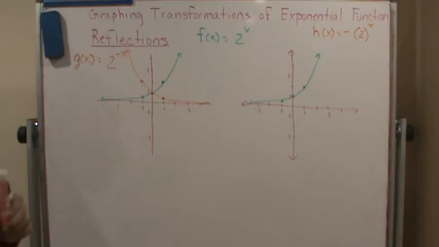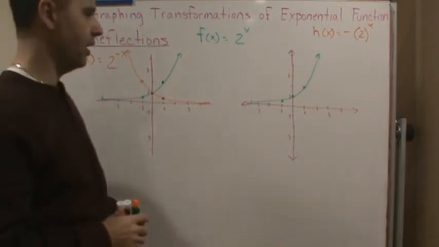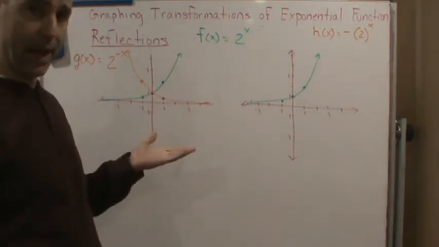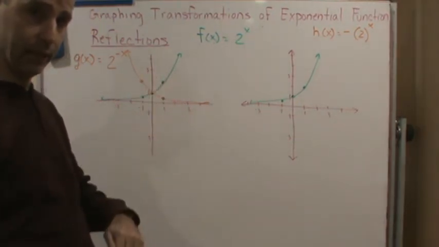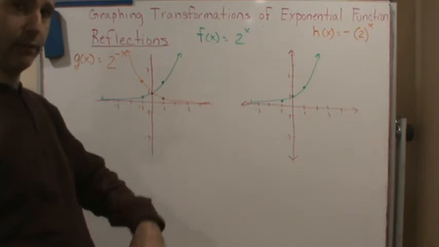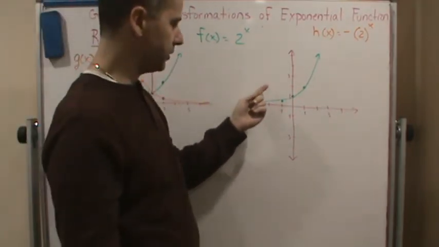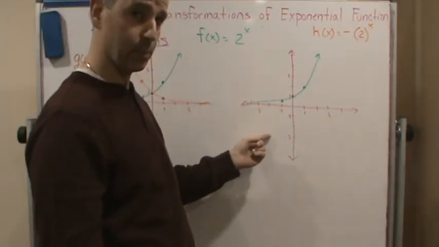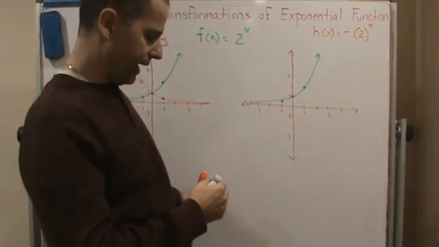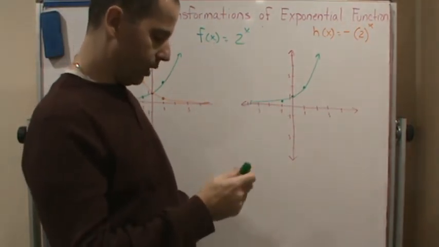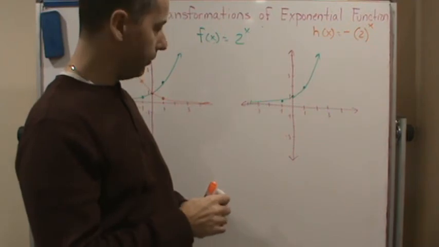What happens here? Now I'm affecting the y values. Remember, when you're outside the function, it affects the y values. So now all the y values that are positive are going to become negative, and all the y values that are negative are going to become positive. So it's a reflection across the x-axis. In this case, all the points are going to flip down.